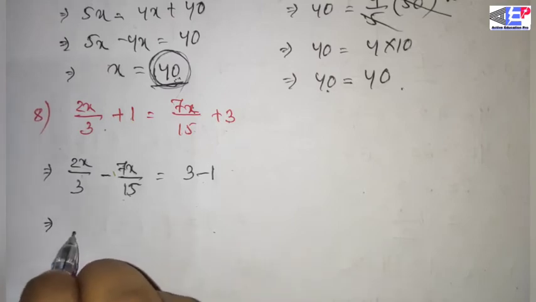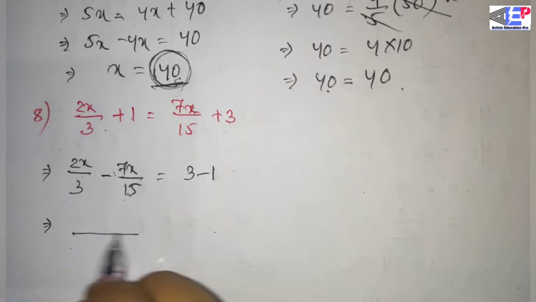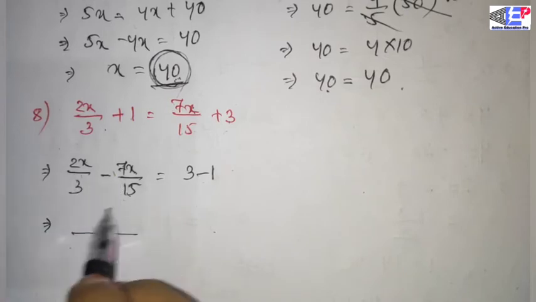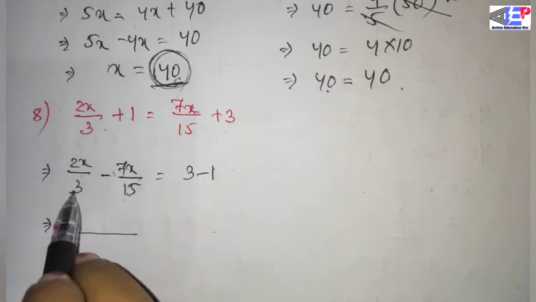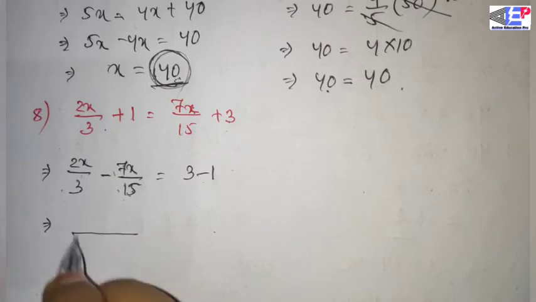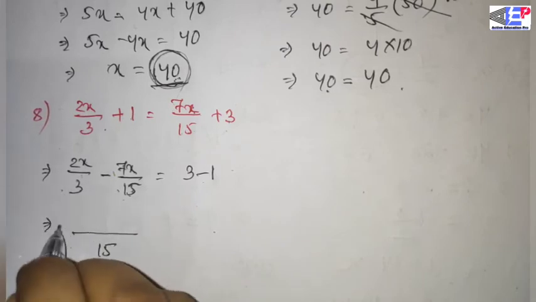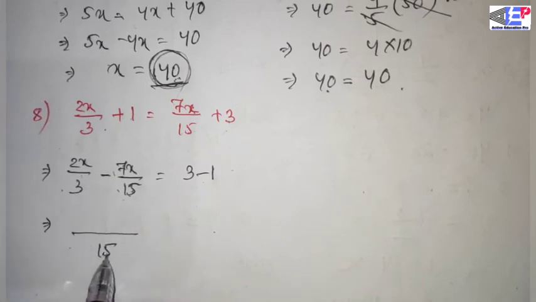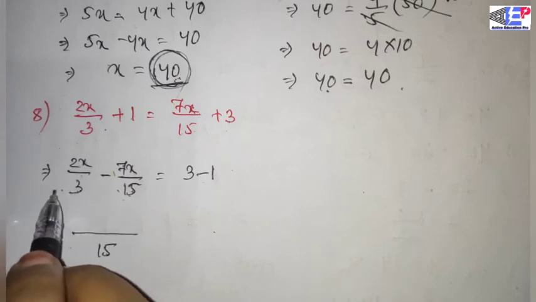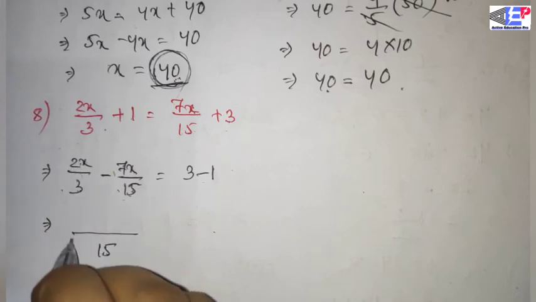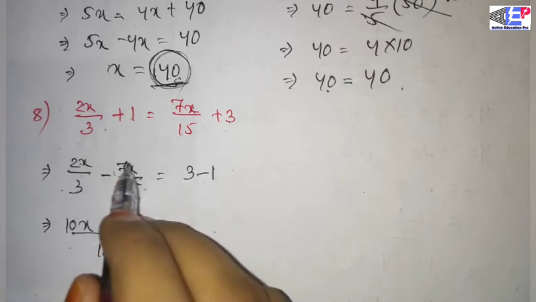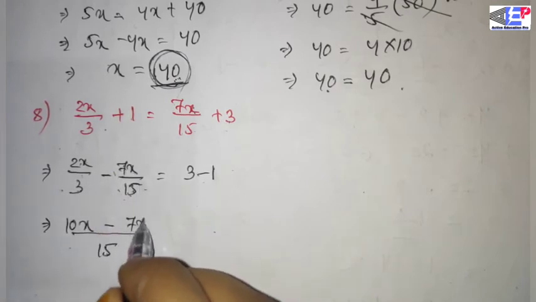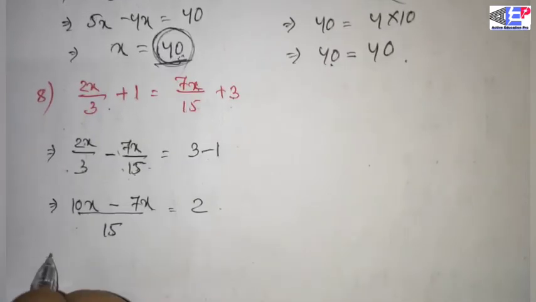Here you subtract these two rational numbers consisting of variable x. Here 3 and 15, the LCM of 3 and 15 is 15. Then 15 divided by 3 is 5. Then multiply with the numerator 2x, it becomes 10x. Minus, 15 divided by 15 is 1, then multiply with the numerator 7x.